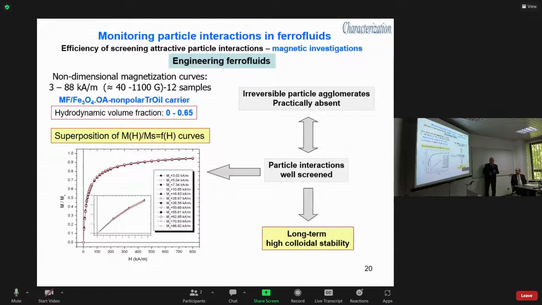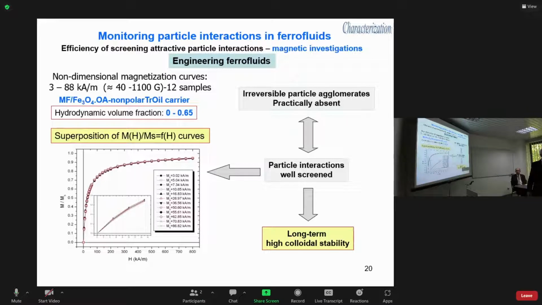Now, to give some examples of characterization for engineering ferrofluids first. Here you have a full magnetization curve, and also here is the low field region, which shows you that there is no difference between various concentrations. If you look here at the magnetization, from very small magnetization up to the highest possible.